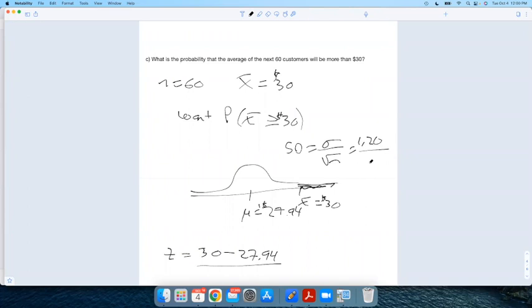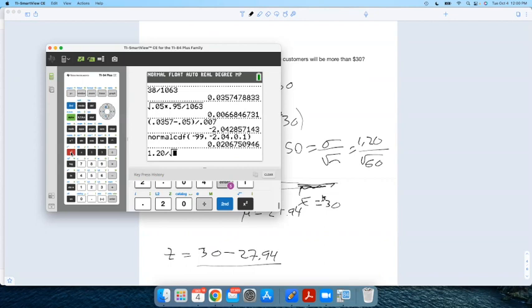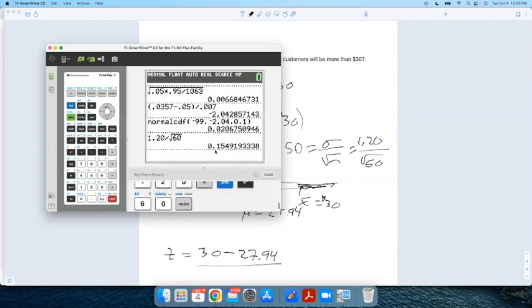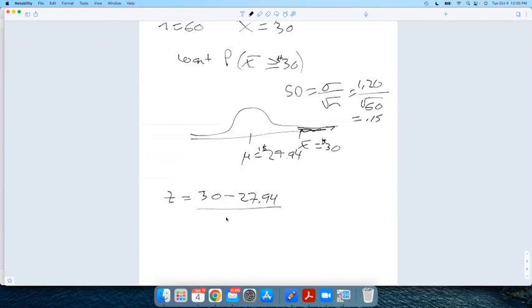So $1.20 divided by square root of 60 is 0.15. That's the standard deviation that goes here.